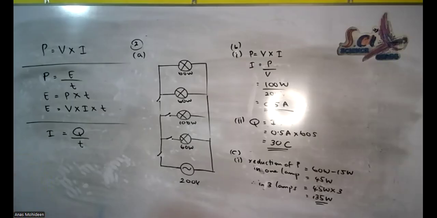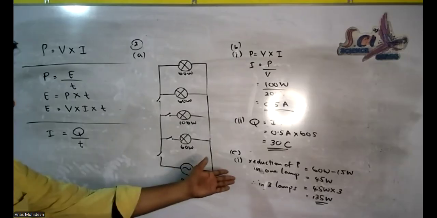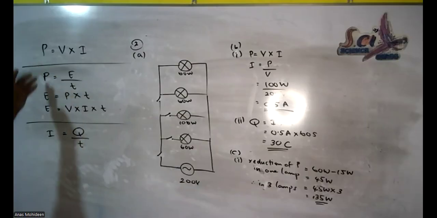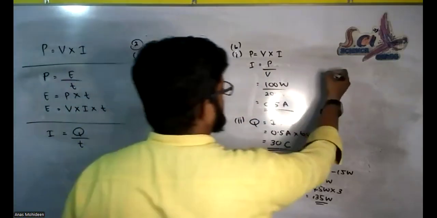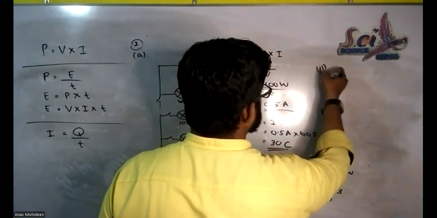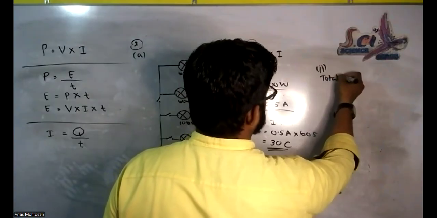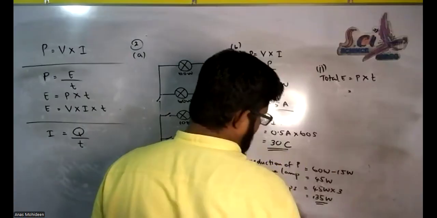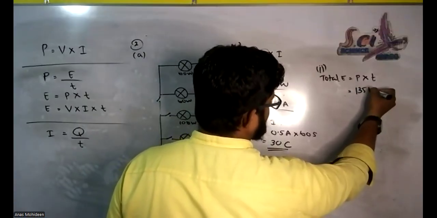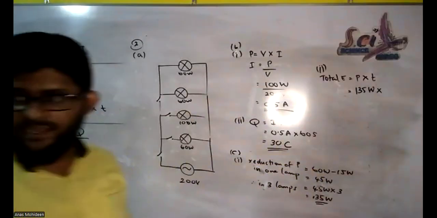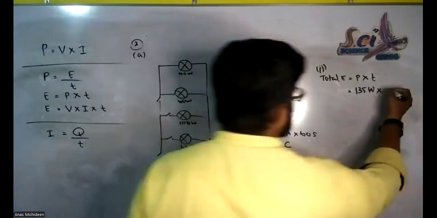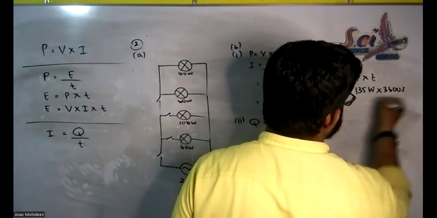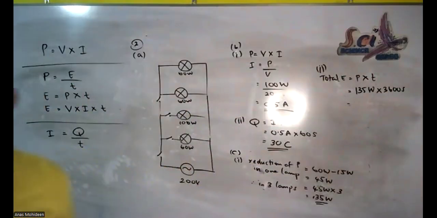So then how do I find out the answer now? Total energy equals power into time. Total power is 135 watts into 1 hour, and 1 hour means 3600 seconds.